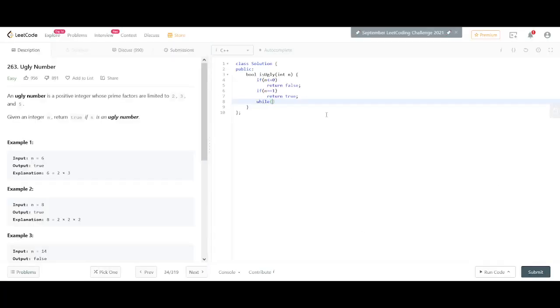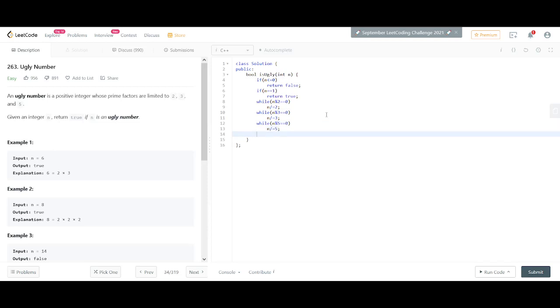So what we'll do is while n modulo 2 equal to 0, n divided by 2; while n modulo 3 equal to 0, n divided by 3; while n modulo 5 equal to 0, n divided by 5.